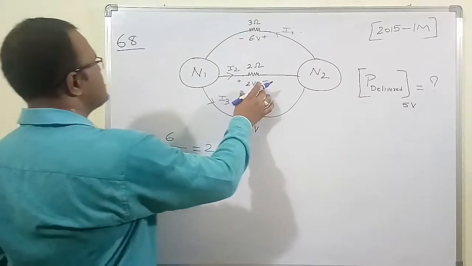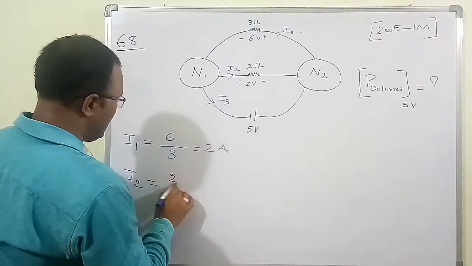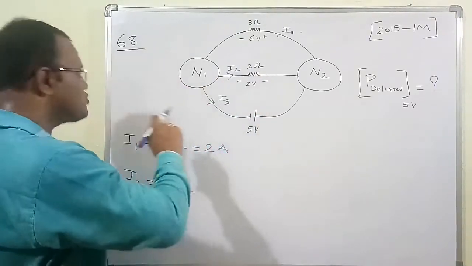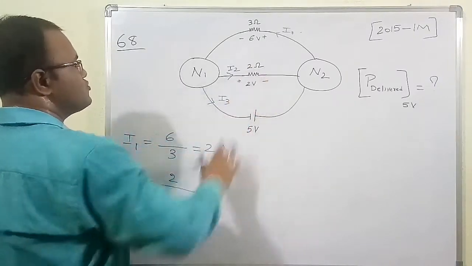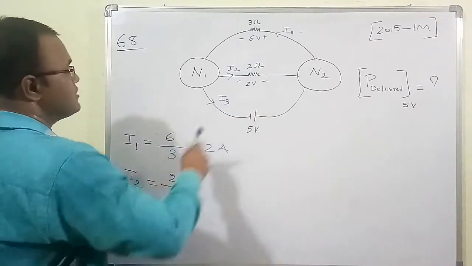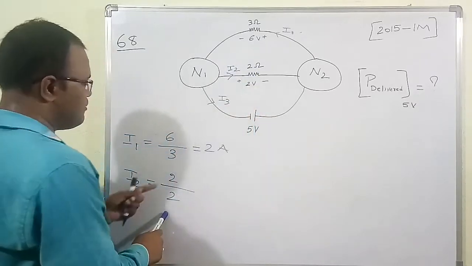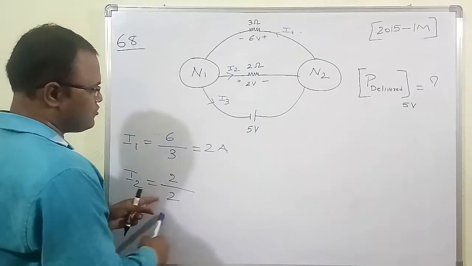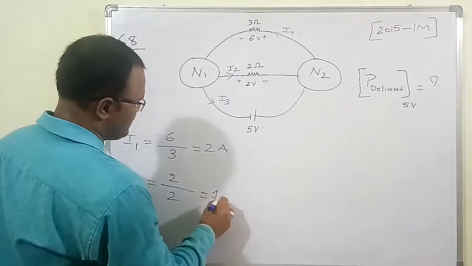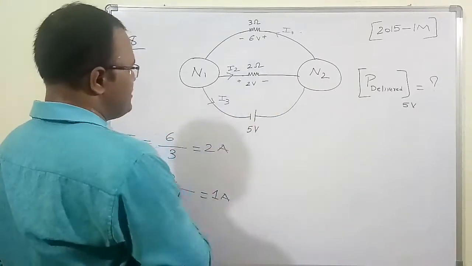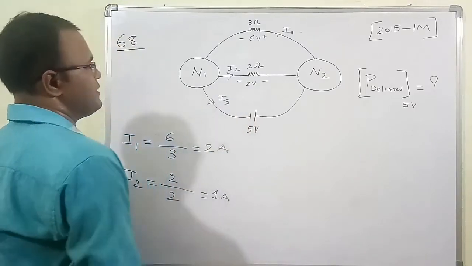The voltage drop across the 2 ohm resistor is 2 volt and the resistance is 2 ohm. So 2 by 2 is equal to 1 ampere. Therefore I1 is equal to 2 ampere and I2 is equal to 1 ampere.